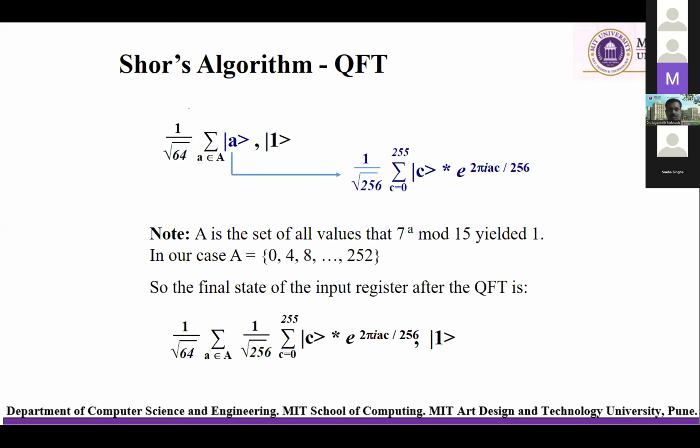Now, out of this, in the first part, we have considered the output from the different values 1, 4, 7 and 13. For this one, this is one of the formulas. This A is the outcome, |a,1⟩.